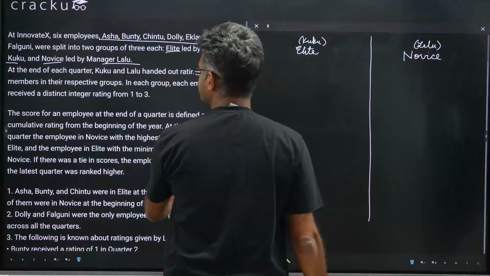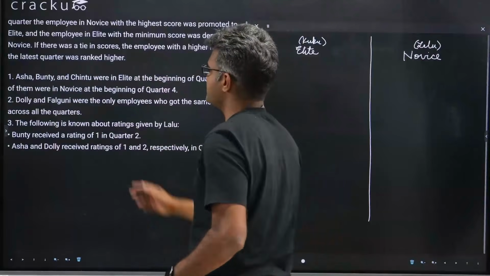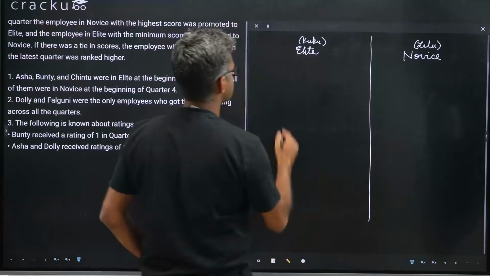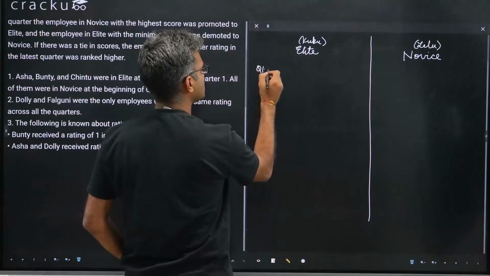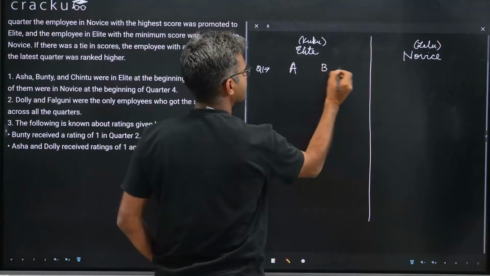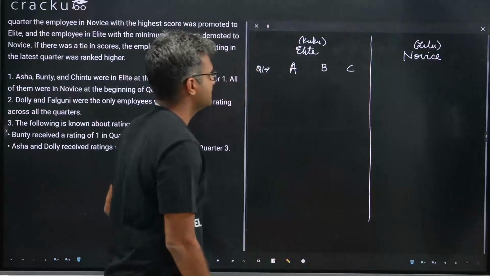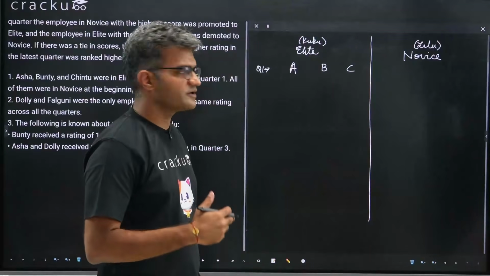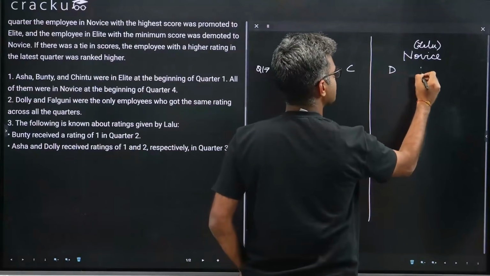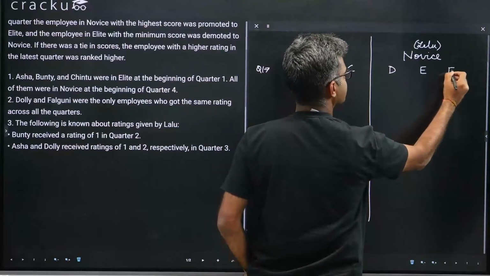Okay. And we are given some information. Asha, Bunty and Chintu were in elite at the beginning of quarter 1. So in quarter 1, we have Asha, Bunty and Chintu. All of them are in elite group. So who is part of the Novice group? It will be, in quarter 1, D, E and F.